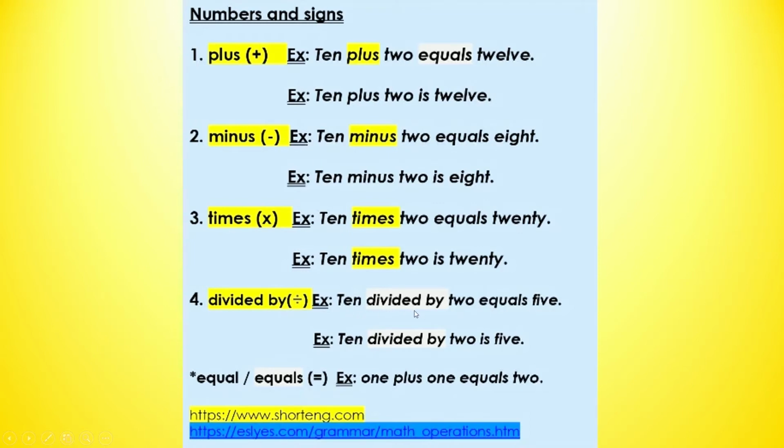Or you can say 10 divided by 2 is 5. Okay, you can use the word equals, or you can use the verb to be. Is this okay? In Thai we call equals เครื่องหมายเท่ากับ.